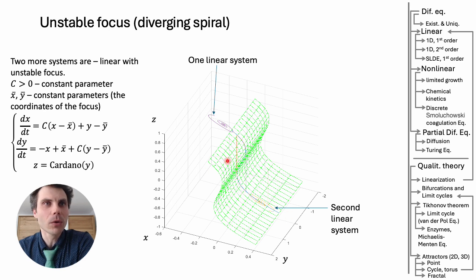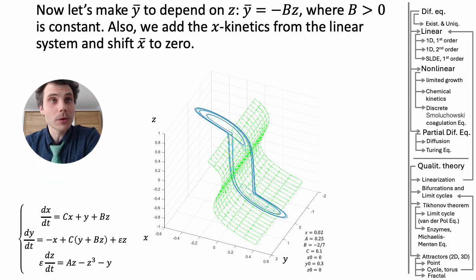Once they move somewhere further, they will necessarily leap onto another branch of the van der Pol oscillator, which will prevent them from going to infinity. And that's how it looks.